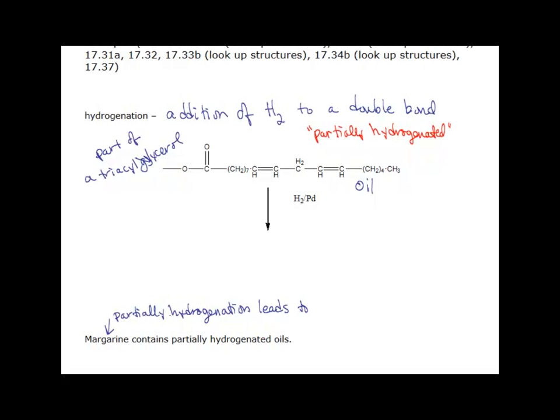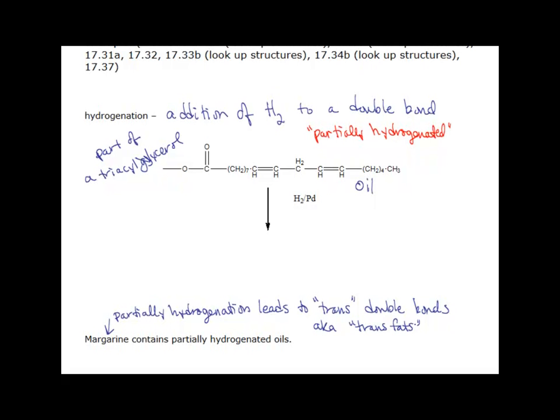So partial hydrogenation leads to trans double bonds, otherwise known as trans fats. Anytime you see a label that says partially hydrogenated something or other, a lot of times it's partially hydrogenated soybean oil, it's likely that it contains trans fats.